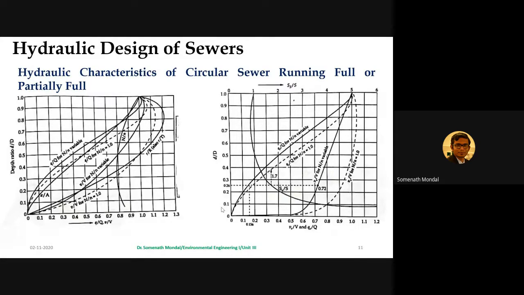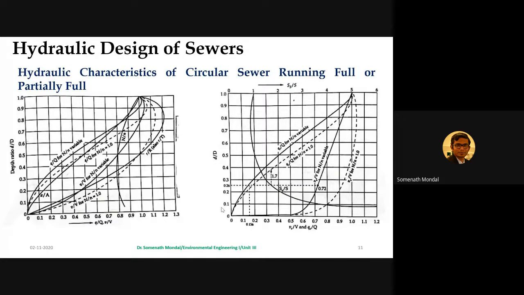The reason is that velocity and discharge are function of tractive force intensity, which depends upon friction coefficient, as well as the flow velocity generated by the gradient of the sewer, which is mentioned as subscript s. So Ss by S. So this s is denoted for self-cleansing velocity equivalent to that obtained in full section. The required ratios of Vs by V, Qs by Q, and Ss by S can be computed.